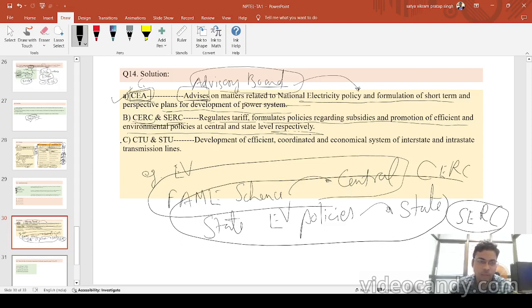Coming to the C part, CTU and STU, the Central Transmission Utility and State Transmission Utility, are for the development of an efficient, coordinated and economical system for interstate and intrastate transmission lines. From the U, you can consider that this is the utility for T, transmission. C is for central and S for state.